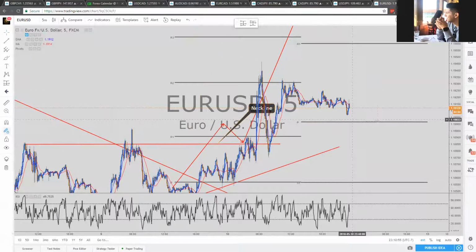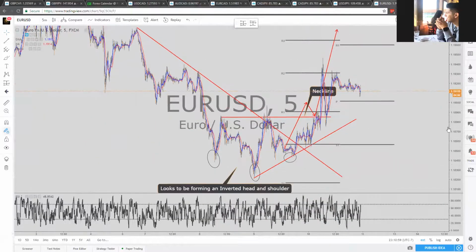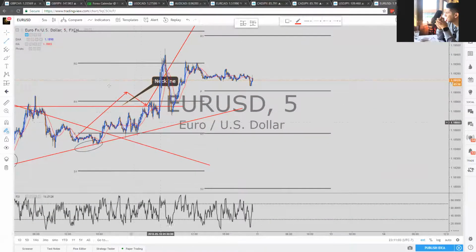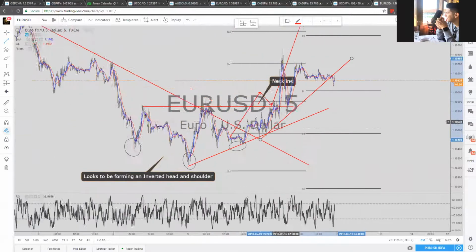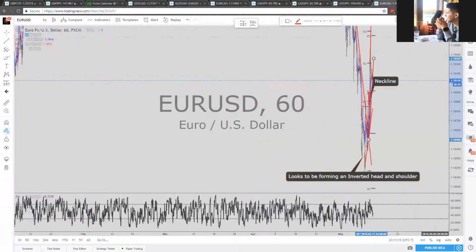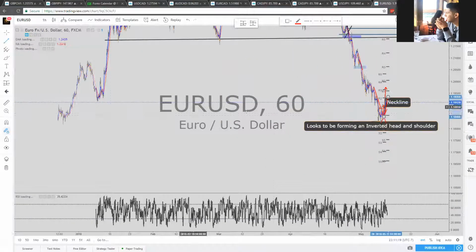Right now it's around pivot point, and overall we should be mainly looking for buys on Euro USD because we can see that it broke this downtrend and should be rising up. We can also see this level here where it was reacting off of.